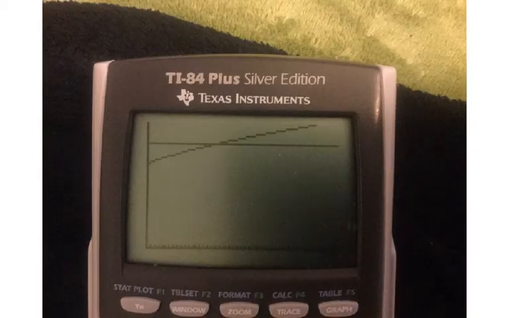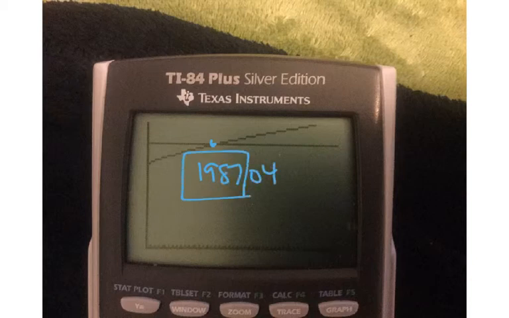So then when I graphed it, I found this. And when I used my infamous second trace 5, enter, enter, enter, the graph told me that x was approximately 1987.04, so I said, well, it must be 1987.